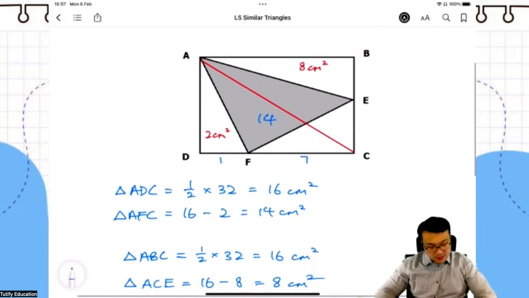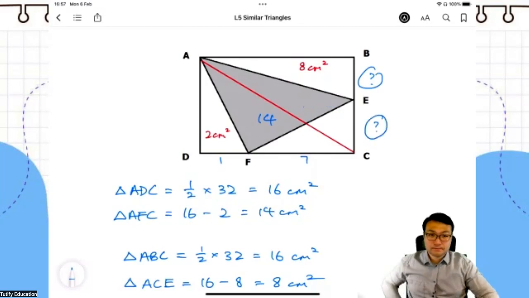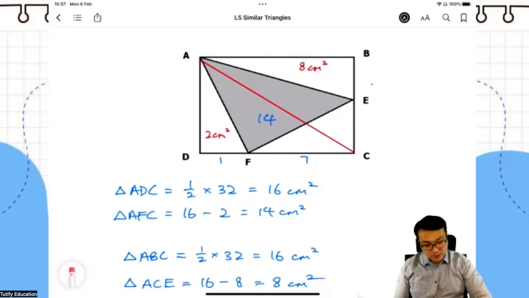So if I know that this is 8 and that is 8, what is the ratio of the base? What is to what? 1:1. Very good. 1:1.